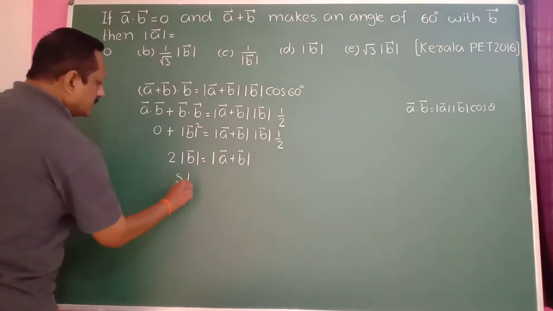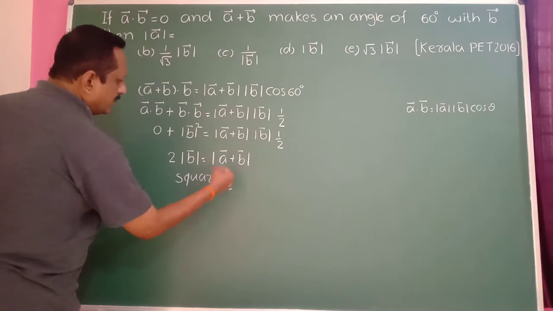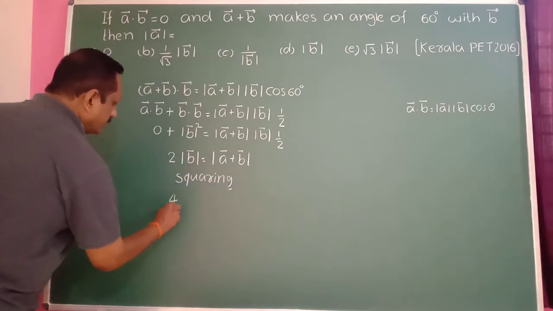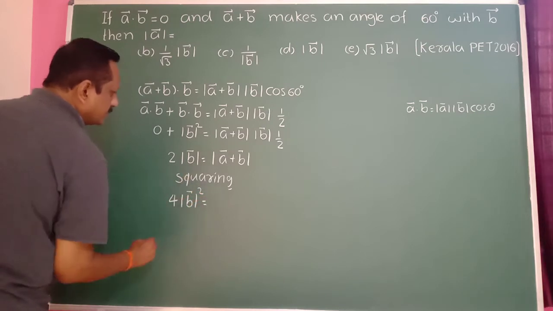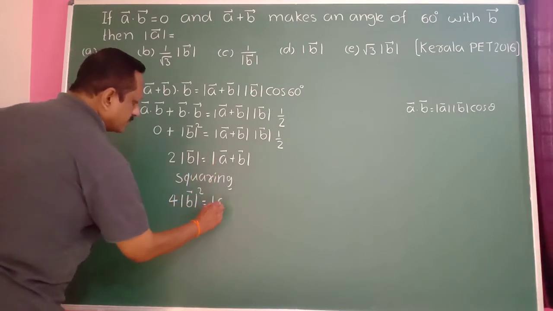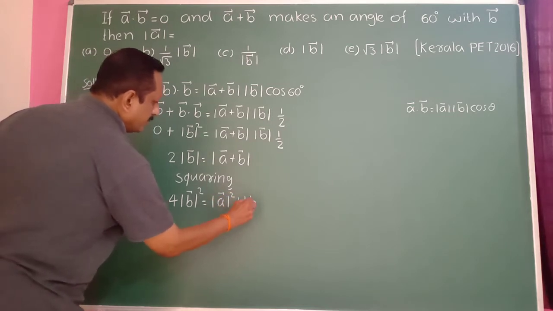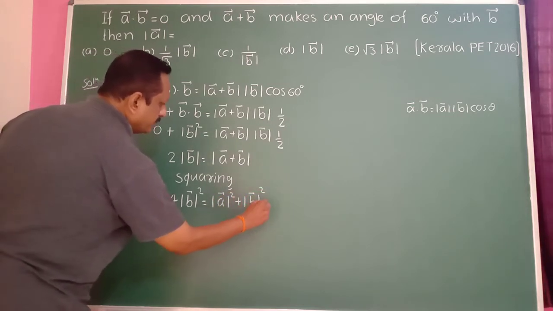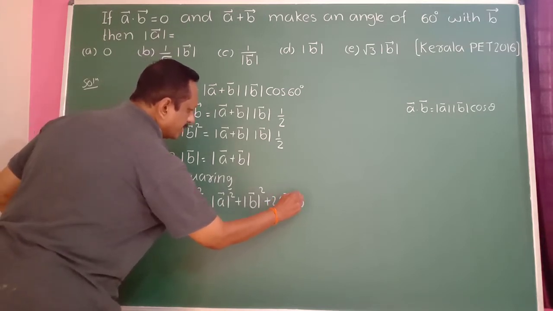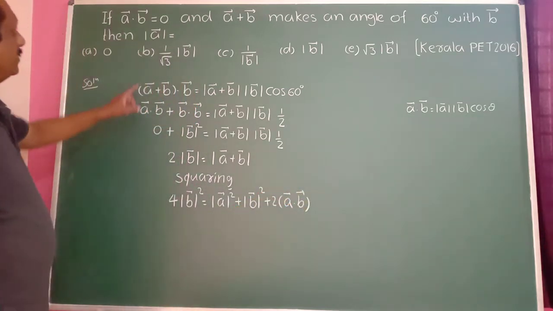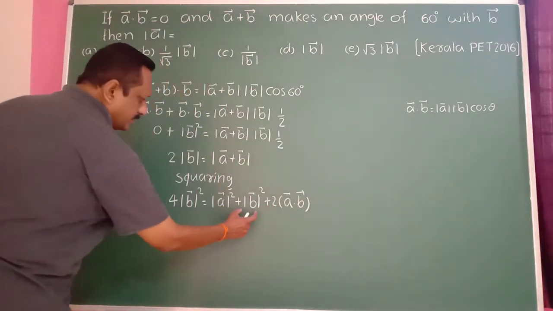Squaring on both sides, we get 4 into modulus of b bar square is equal to modulus of a bar square plus modulus of b bar square plus 2 into a bar dot b bar. Here a bar dot b bar is 0, hence this becomes 0. Take this term to the left side.